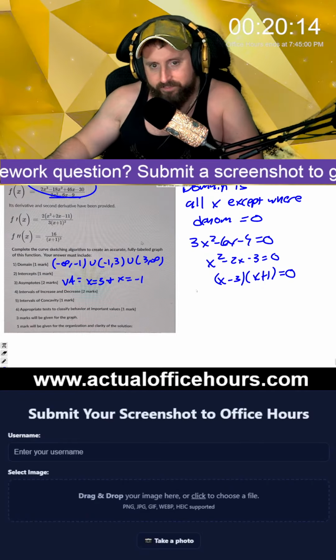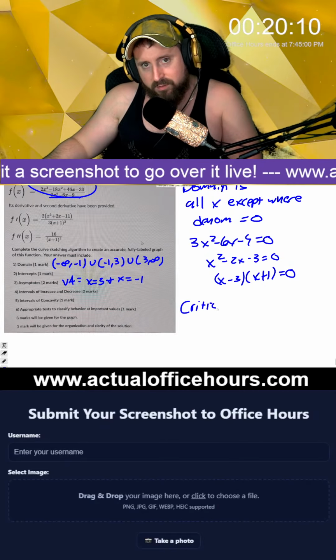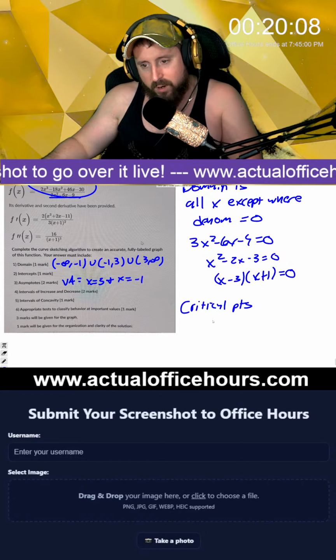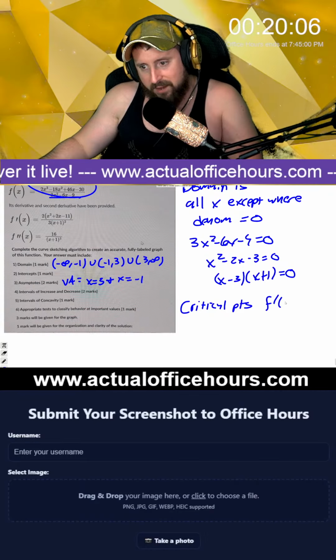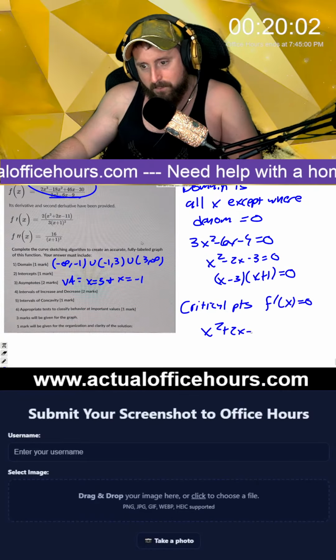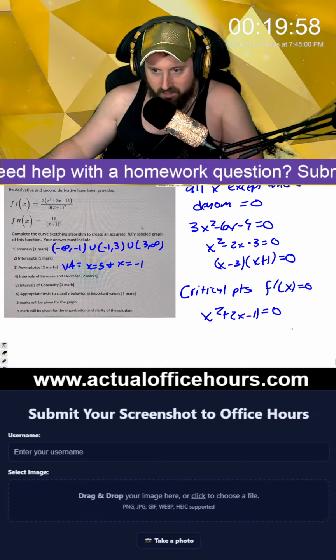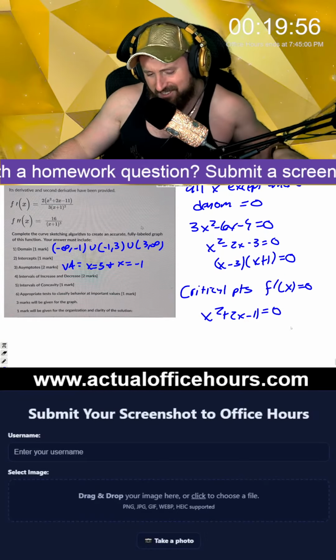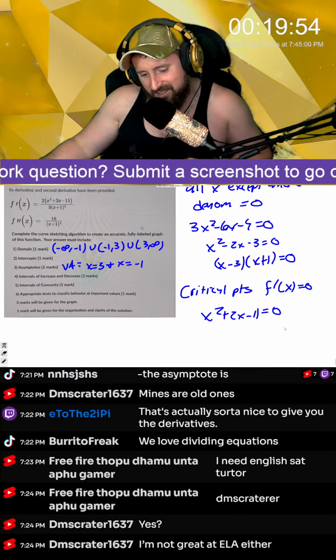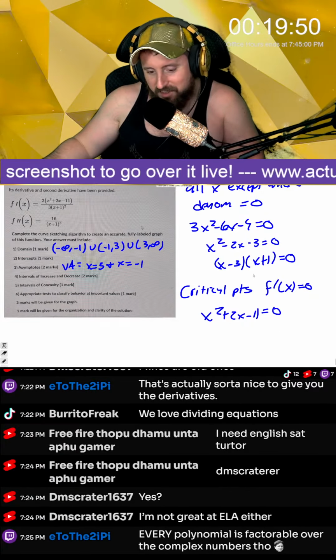But here, critical points is where f prime of x is equal to 0. So x squared plus 2x minus 11 is equal to 0. That's also not very nice. Nothing really factors nicely there. Dude, this sucks.